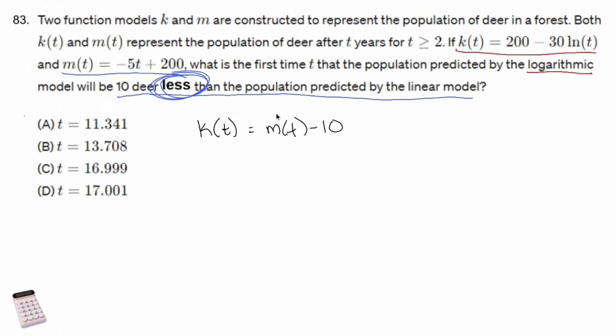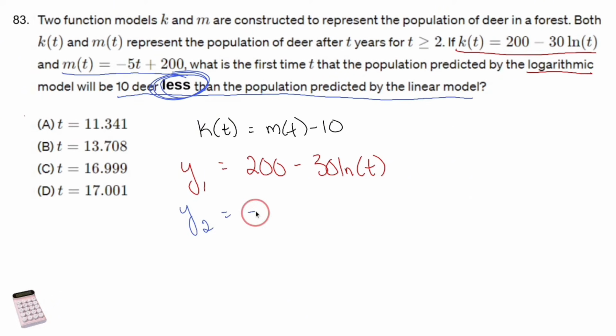Well, this is what I'm going to do. I'm going to run to my calculator, and in my TI-84 Plus I'm going to type in y sub 1 equals 200 minus 30 ln of t. Pretty simple. In y sub 2, I care about when this is 10 less than that.